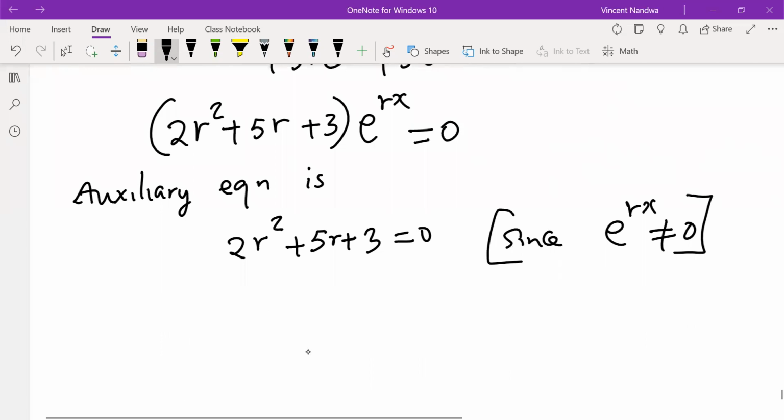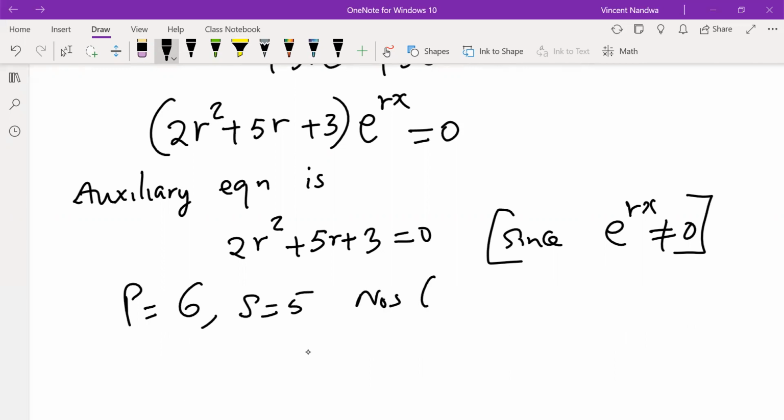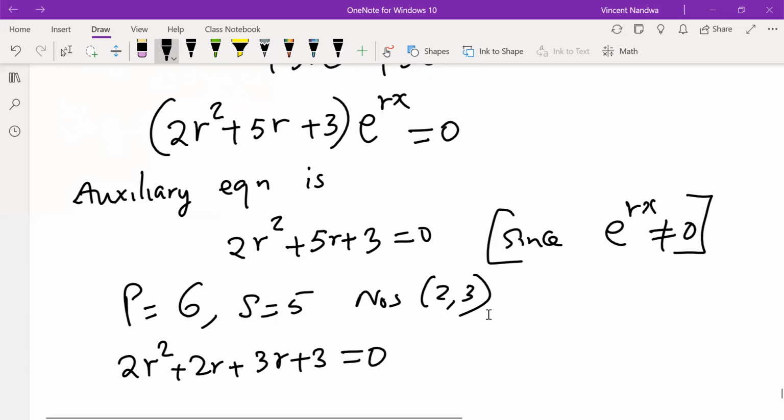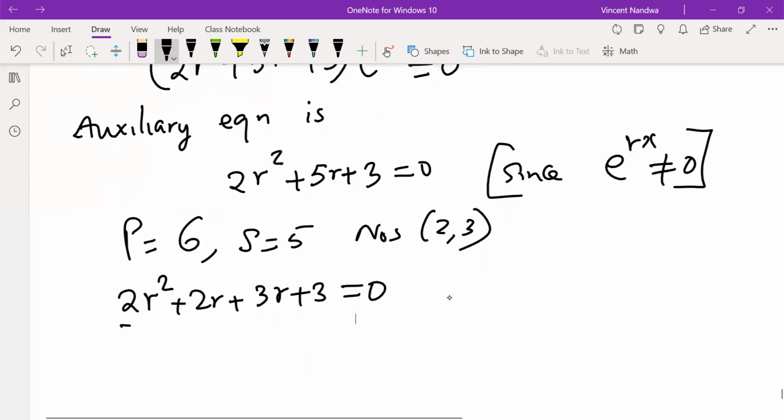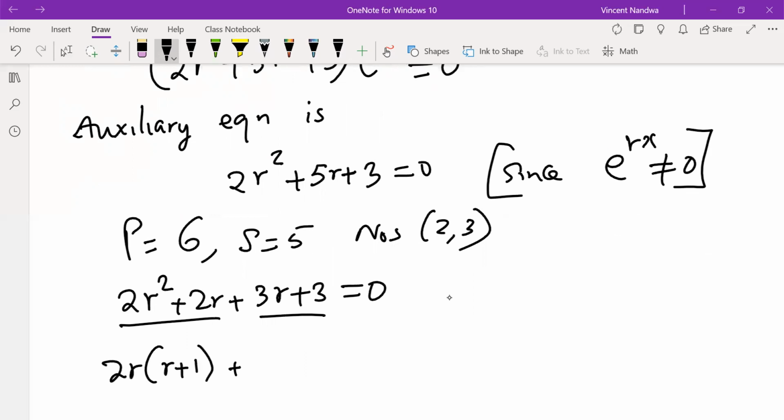So product is 2 by 3, which is 6. Sum is 5. Numbers 2 and 3. Or you can use the quadratic formula to solve the quadratic equation. So 2r squared plus 2r plus 3r plus 3 equals 0. So this and this are the pairs. Common here is 2r into (r plus 1) plus 3 into (r plus 1) equals 0.